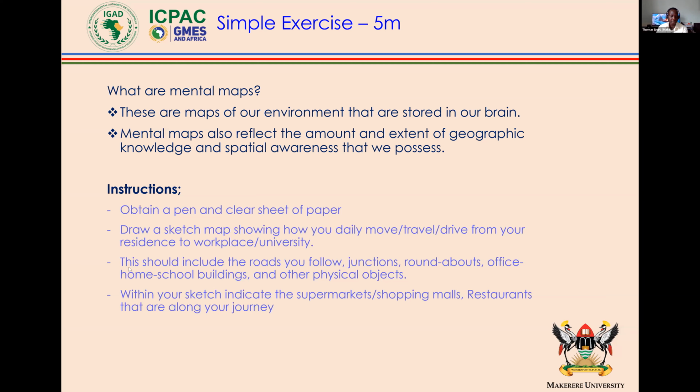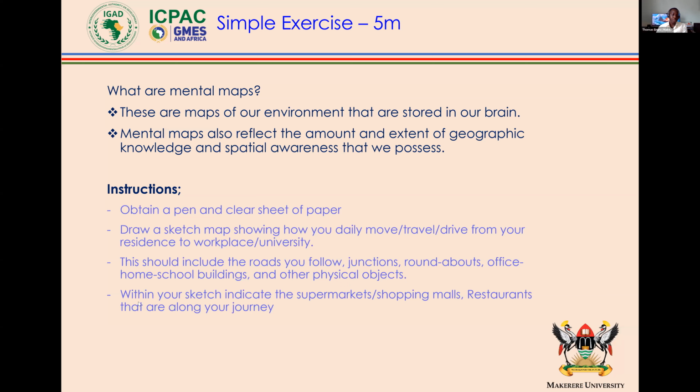Now the tips are here. This map or the sketch that you should have should include the roads, the junctions in case there are, the roundabouts. It should also include the buildings that might be your home itself, the school, and also other physical objects that you meet when you're traveling from your home or your house to your workplace or university.